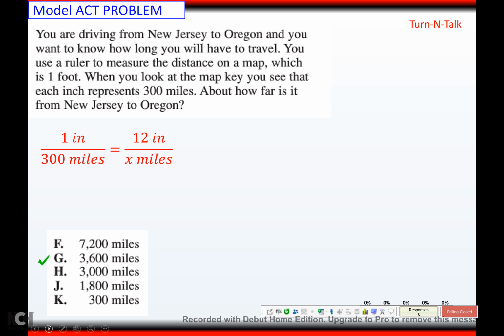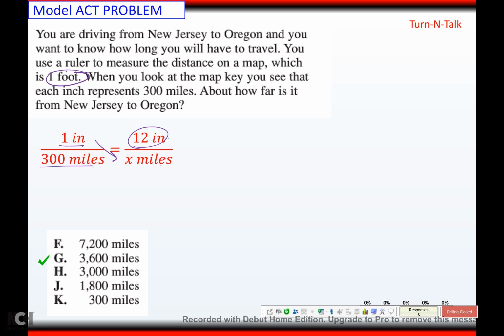Well, the first thing I need to do is I have the scale, and it says that 1 inch represents 300 miles. So I measured my distance, which was a foot. We can't use feet if we're in inches, but we know that there's 12 inches in a foot. So I want to know how many miles are in my 12 inches on the map.